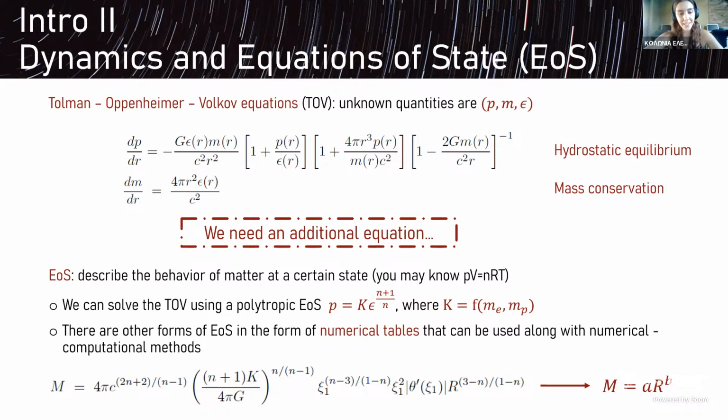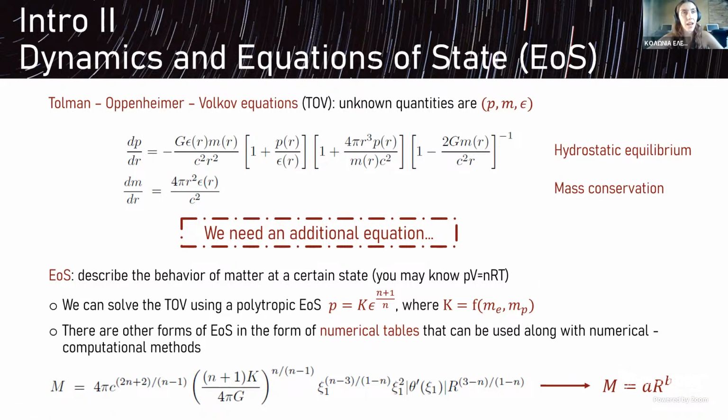The additional one is called an equation of state. And this equation of state describes the behavior of matter at a certain state. So I don't know if you have done it in school, but some of you may know the equation of state of an ideal gas, which is this one I have in the brackets here, but if you don't know it, just forget about it.